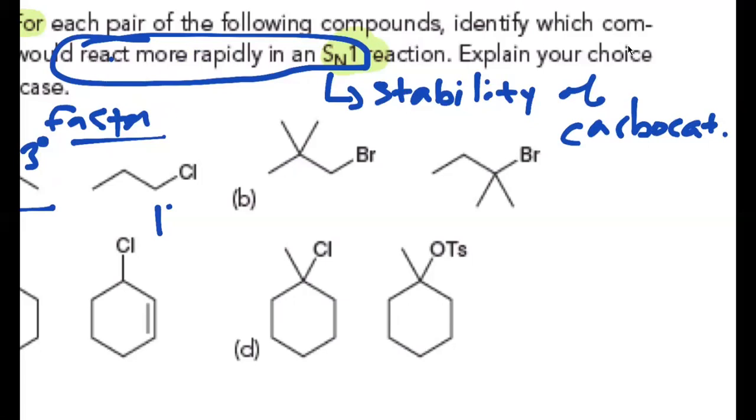So now you already have your concept laid. Oh, it's SN1, we know that it's going to make a carbocation. So that's what I'm looking for: which one of the two substrates is going to give me a better carbocation, or which one has the best leaving group? You follow me? One of those two things is going to guide that.